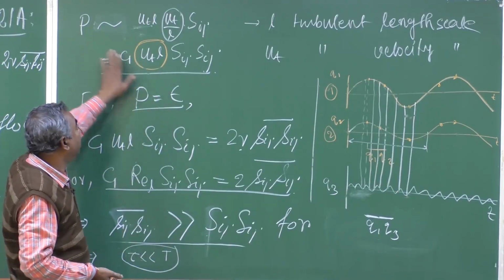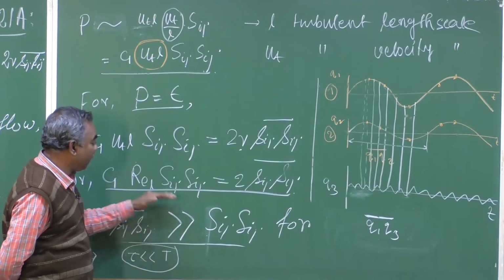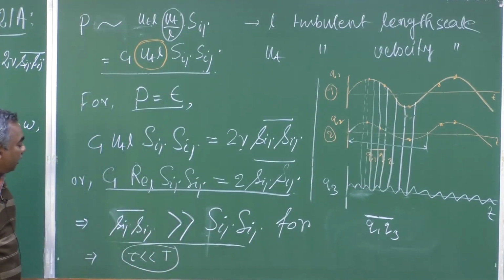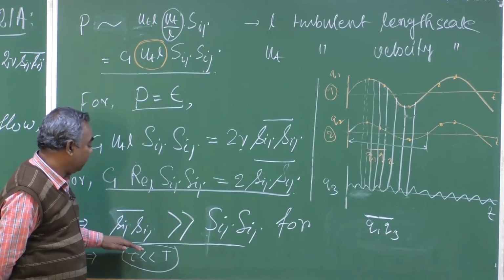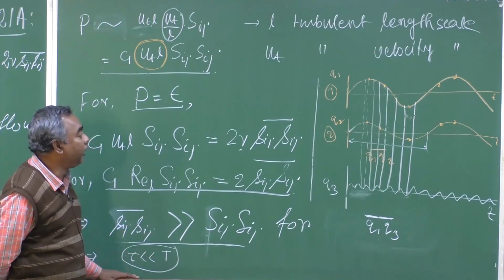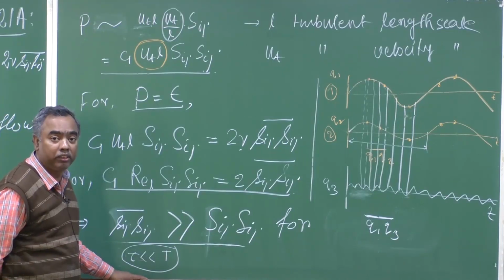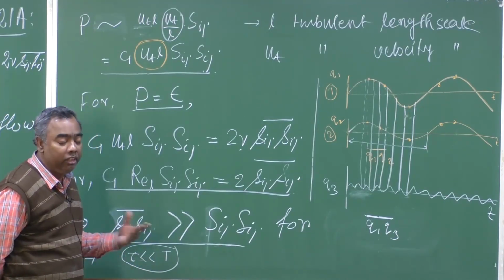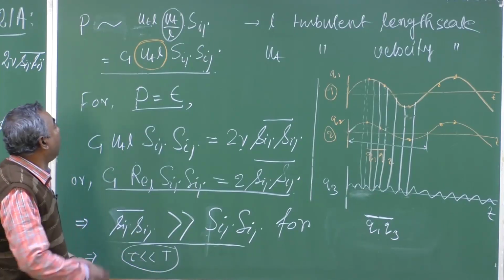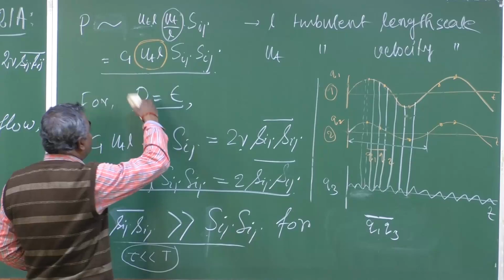Okay. That is what this expression says. So, from this exercise, we understand that the small scales are independent of the large scale, or the small scales of turbulence tend to be isotropic. Okay. All right. So, this is what we have for the production term.